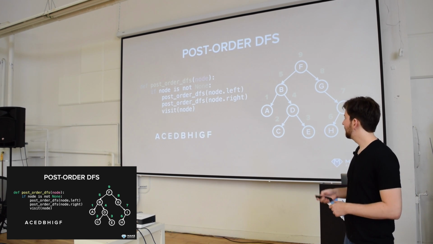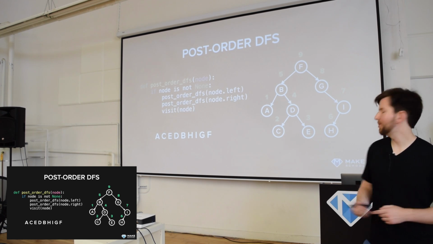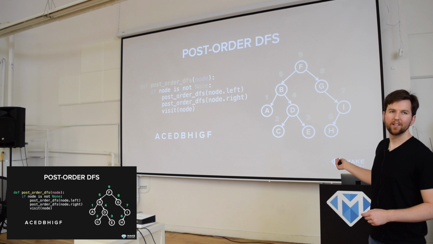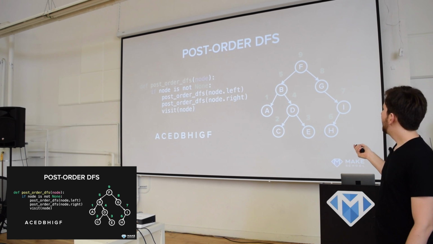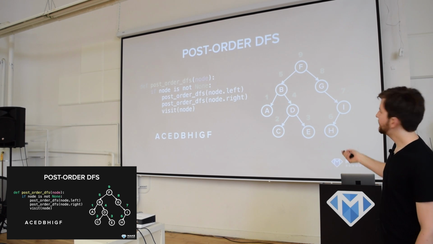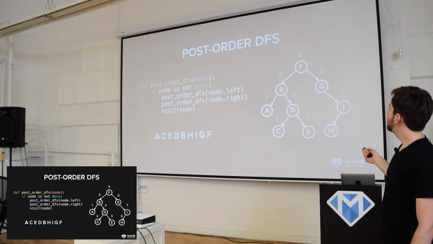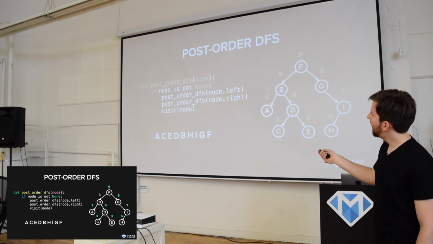Oh, so why did it go back from H? Okay. So before that, we were on F, and we already did the entire left subtree of F. So then it was time to go right, because F is the parameter here.